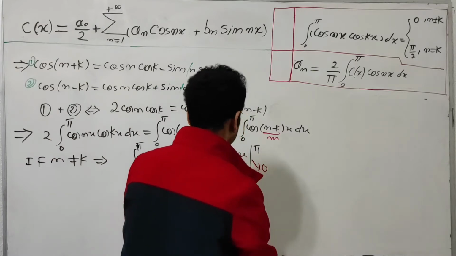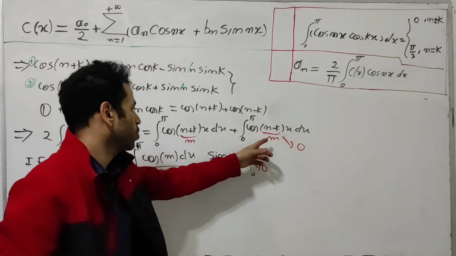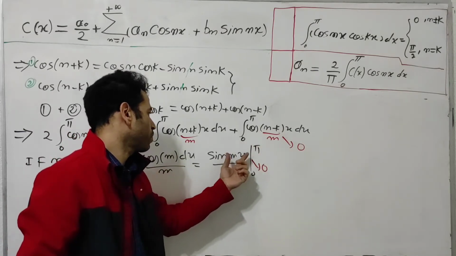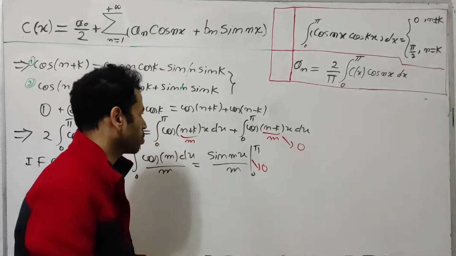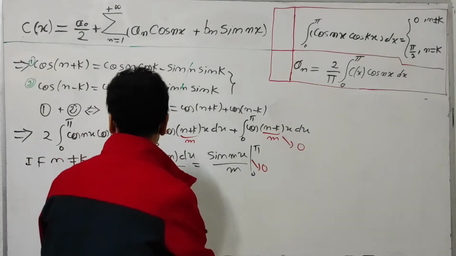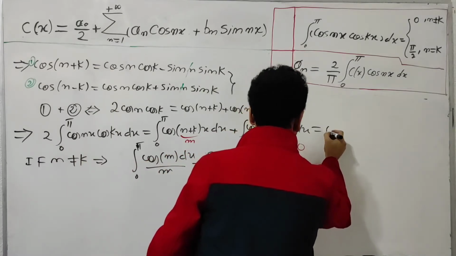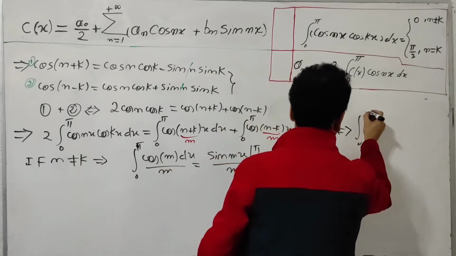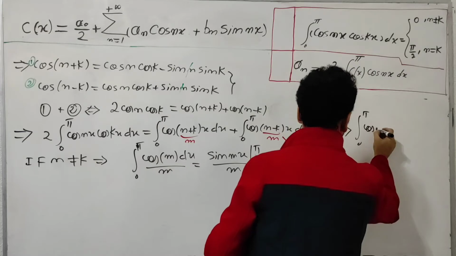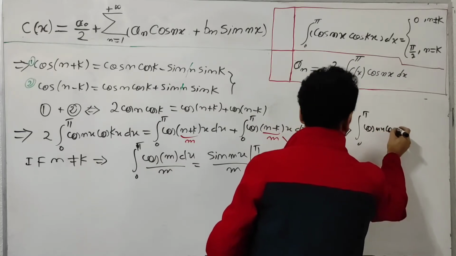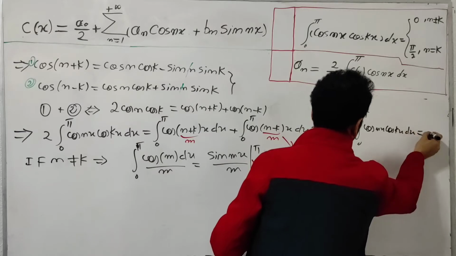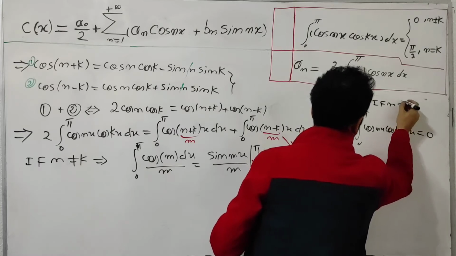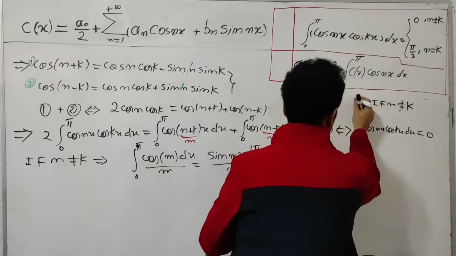The second one will be the same 0 because it's calculated in the same way. It turns to sine, so the sine of pi will be 0. That means the whole thing equals 0. So this is equivalent: the integral as x goes from 0 to pi of cosine nx multiplied by cosine kx dx equals 0 if n is different than k. This is the first case.